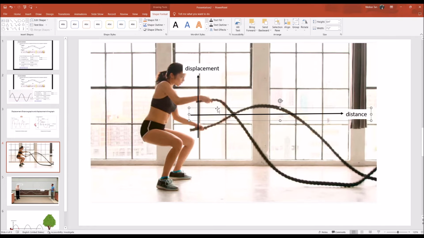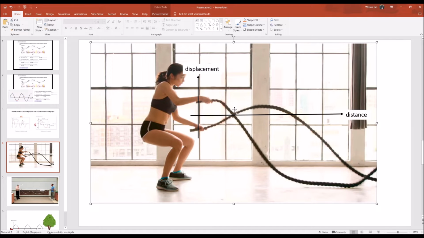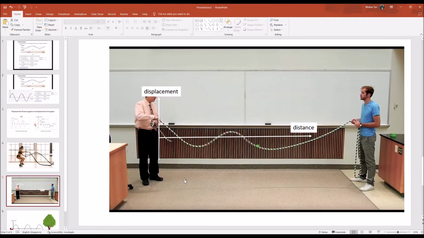The distance is the distance of every single particle away from the original position or the origin of the vibration. The displacement in this case will be the vertical displacement, and the distance is the horizontal distance for the whole rope.